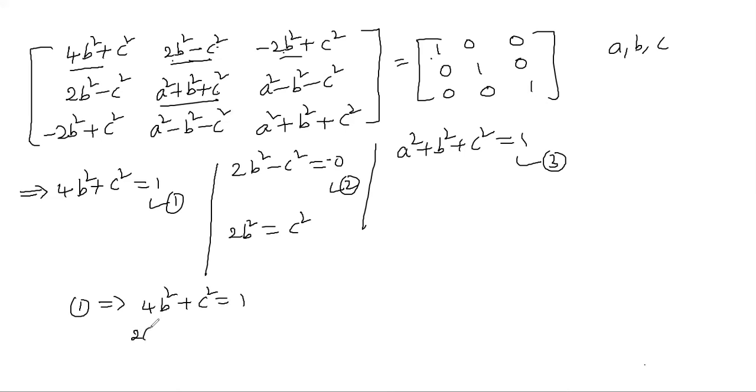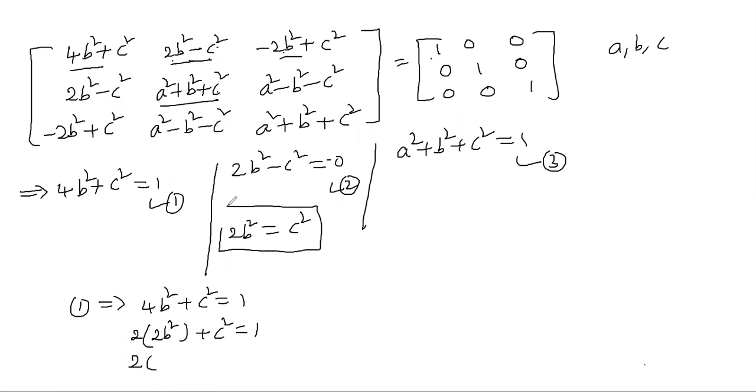Can I write it like this? 4b square I am writing as 2 into 2b square plus c square. What is the 2b square value?